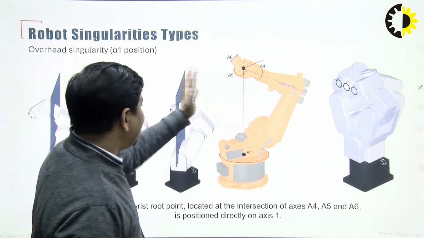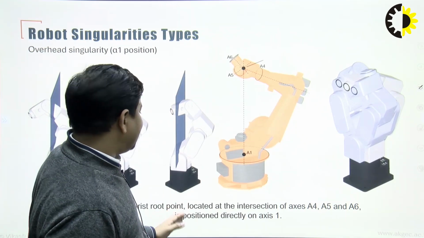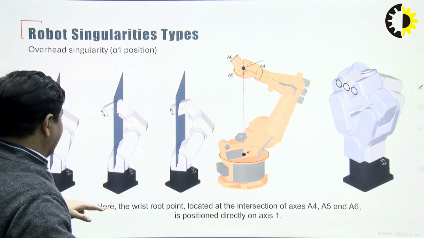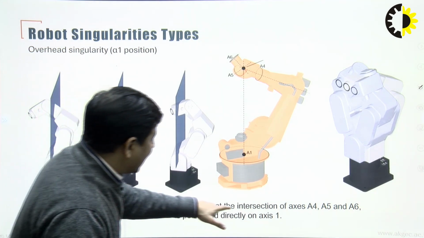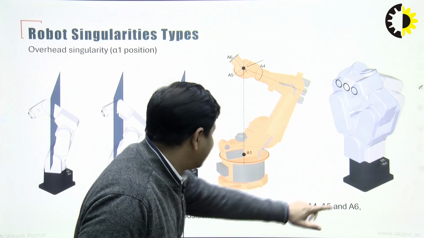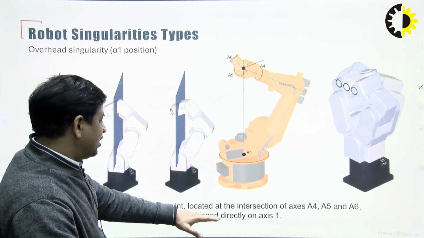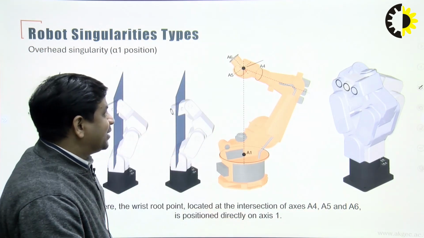If it is falling in front of this, that means we have to check the case where the wrist root point is located at the intersection of axes, in position directly on axis 1.